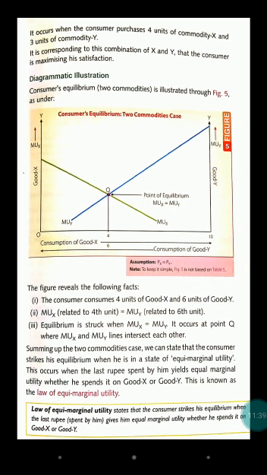The law of equimarginal utility states that the consumer strikes his equilibrium when the last rupee spent by him gives him equal satisfaction, or equal marginal utility, whether he spends it on good X or Y. The last rupee he spends, whether on X or on Y, gives him equal satisfaction.